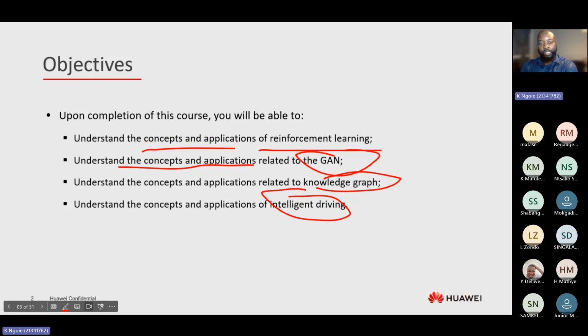Anybody else want to try and give us your definition of reinforcement learning?